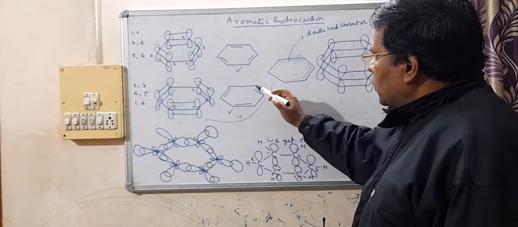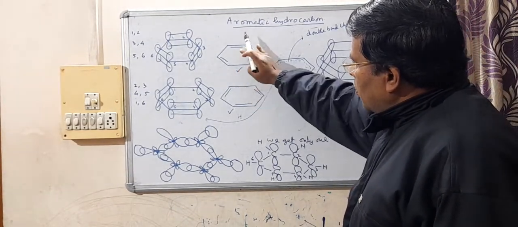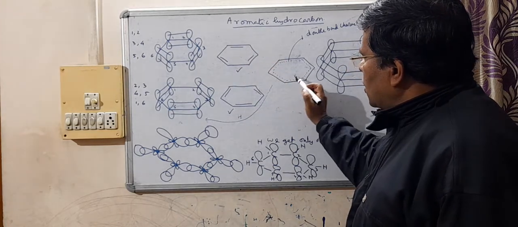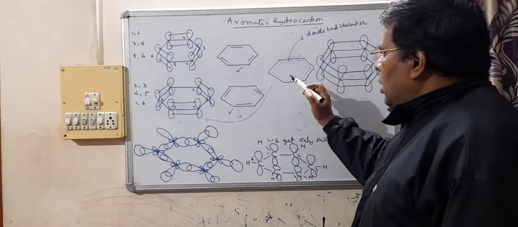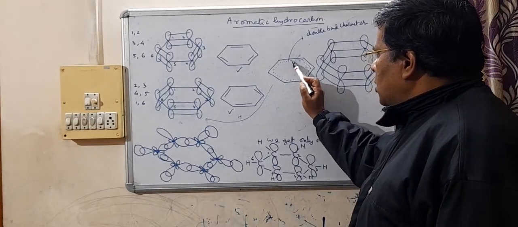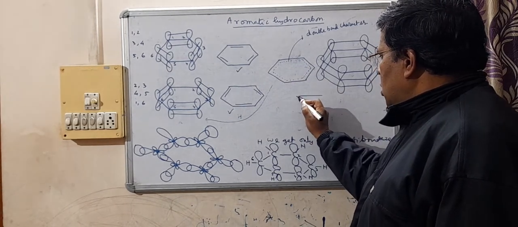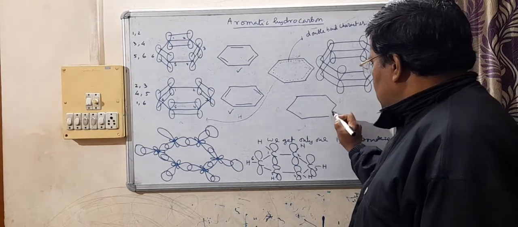And from here to here we can say resonance is taking place, and this is what is obtained. And in books you will find it is not generally drawn like this. In books benzene is represented like this.